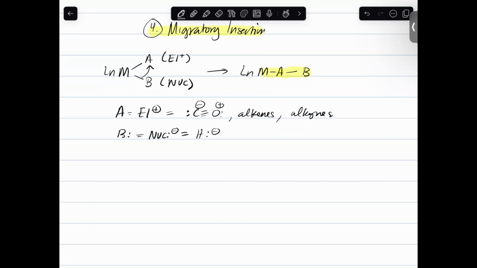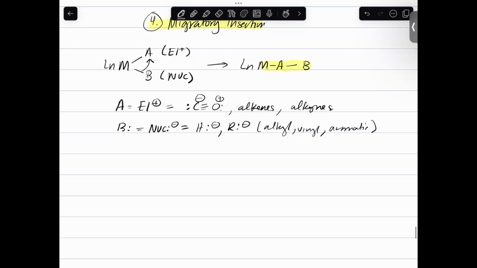So hydride sources, alkyl, vinyl, or aromatic, negatively charged sources. So let's jump in and start discussing migratory insertion with carbon monoxide.